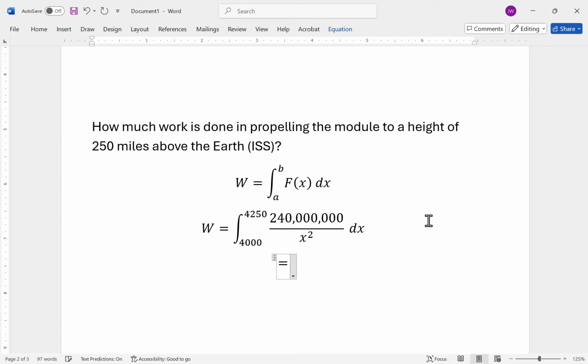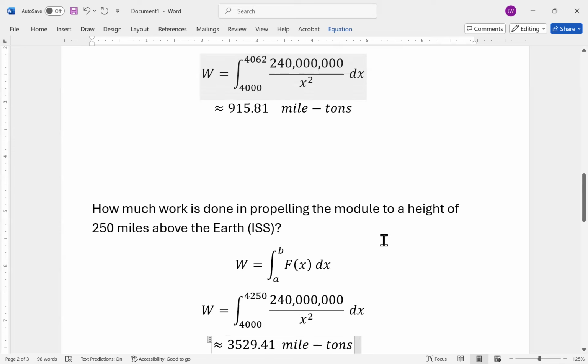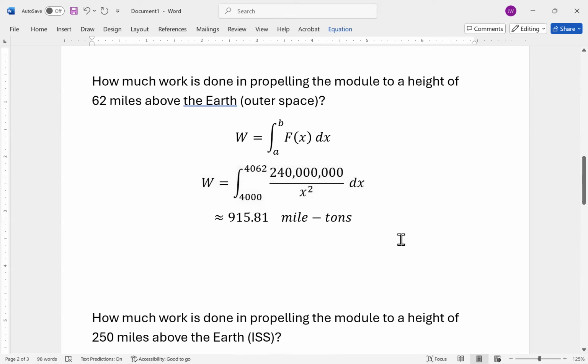The number is going to be 3,529.41 mile tons. Again, I wrote equal. I should have said approximately. That is how we can calculate the amount of work.